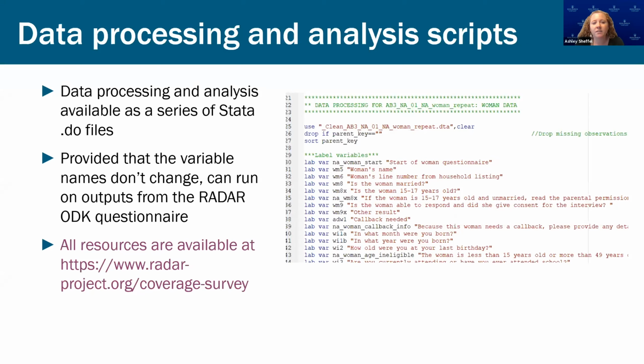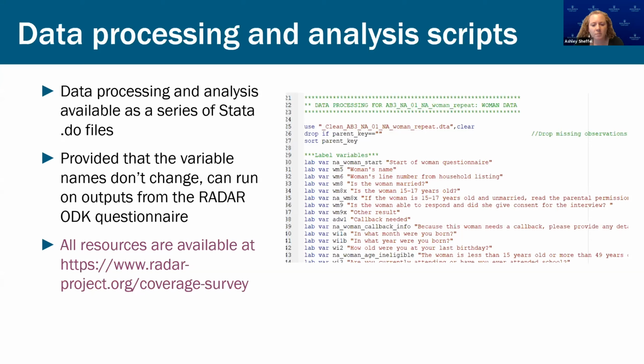The issue is, provided that the variable names don't change, you can run these scripts largely on the outputs from the RADAR ODK questionnaire. So whatever changes you make in your adaptation phase, if you start with the RADAR ODK questionnaire, you'll need to make those same changes in these data processing and analysis scripts.